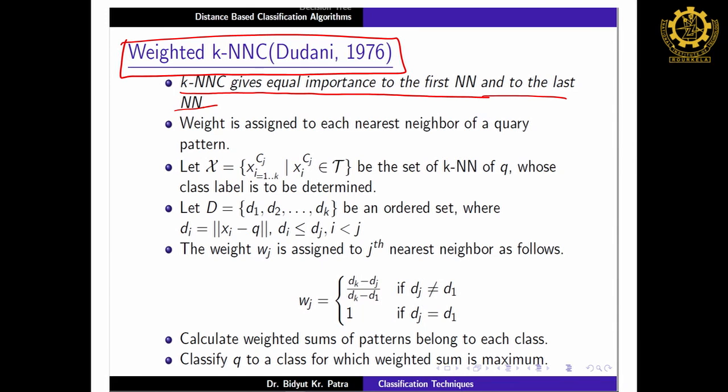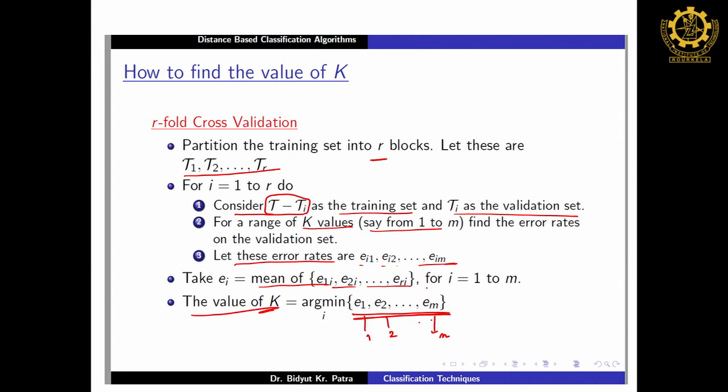So, you have to give a weight to each neighbor. That is the idea of the weighted k nearest neighbor. Now, how do you give the weight? Dudani gave a weight scheme. Suppose x is the unseen object, and you have found the k nearest neighbors of the object x.